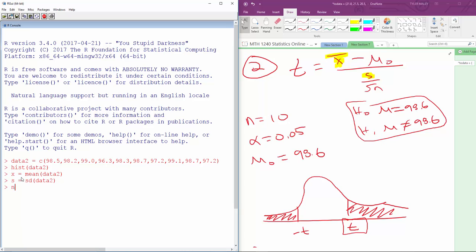We can let n equal the length of data 2. I think we got everybody. So then t is going to be equal to x minus 98.6, divided by s divided by the square root of n. If I hit t and then enter, there's my t value.